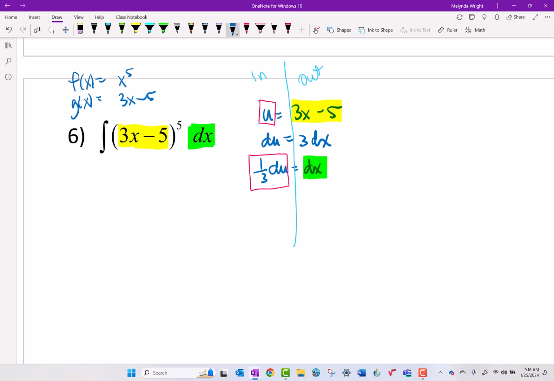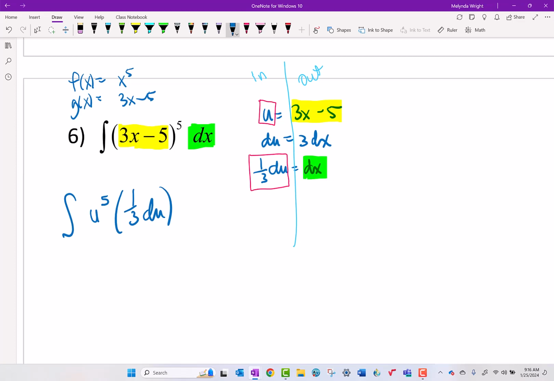That's pretty much how it works. All right, so let's make our replacements. In place of the yellow, I'm putting a u, and I have u to the 5th. In place of the dx, I'm putting 1/3 du.